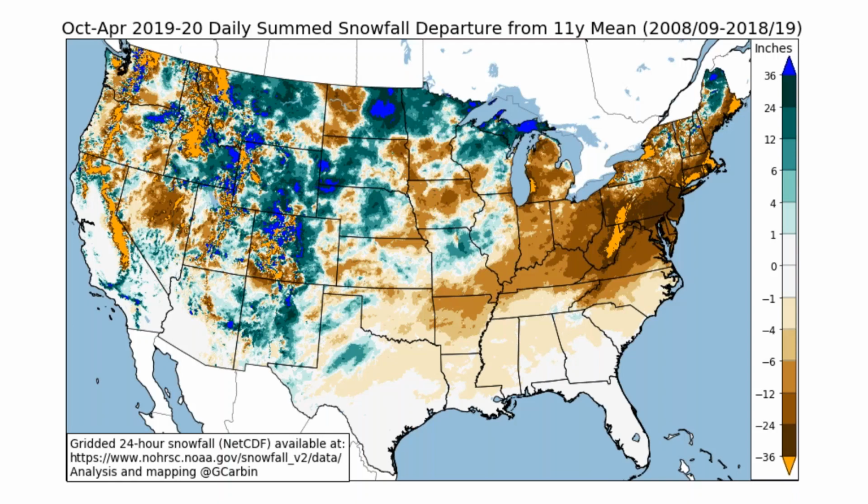Certainly some notable snowfall events, basically from Wyoming, the Front Range of Colorado, across western portions of South Dakota and Nebraska, up into eastern North Dakota, where amounts were about 3 feet or a little above 3 feet above the long-term norm. And then also the UP of Michigan showing well above normal NOHRSC amounts there for the season.